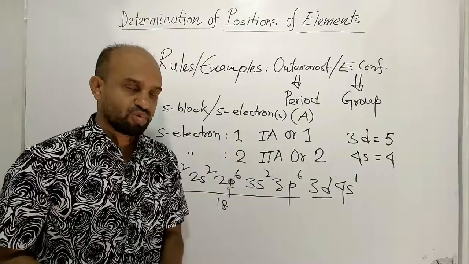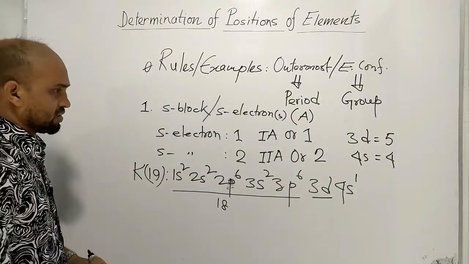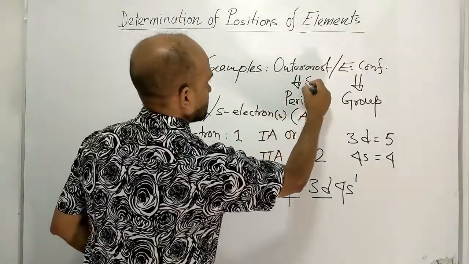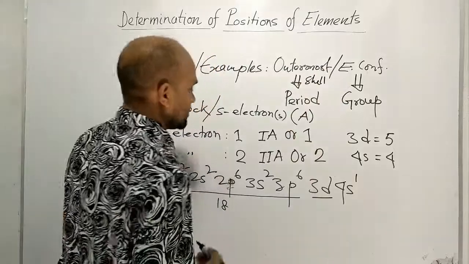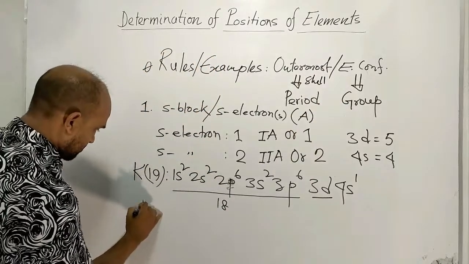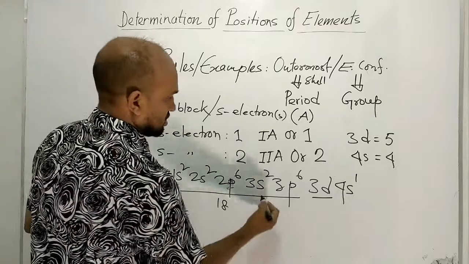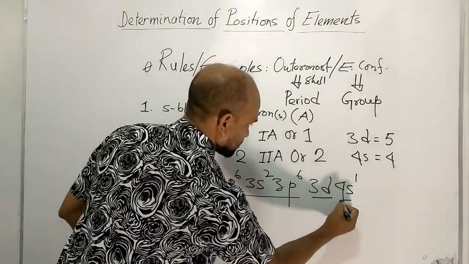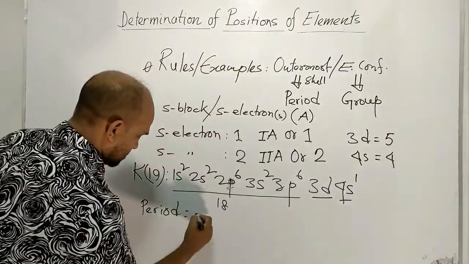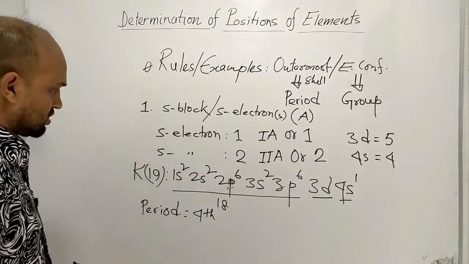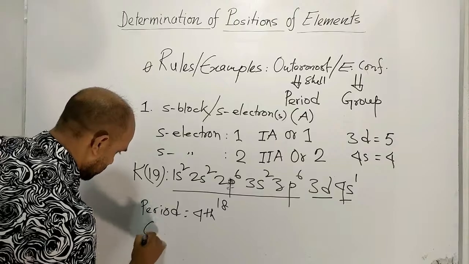Now let's go to the point that the outermost shell determines the period. For potassium, the outermost shell is the 4th shell. So potassium belongs to the 4th period. And what is its group?